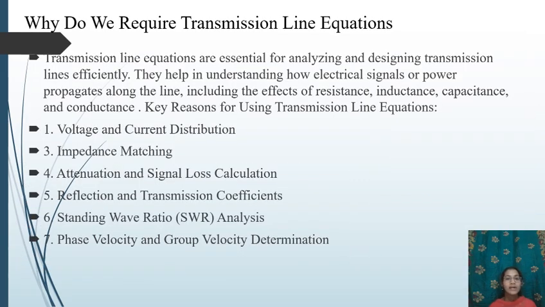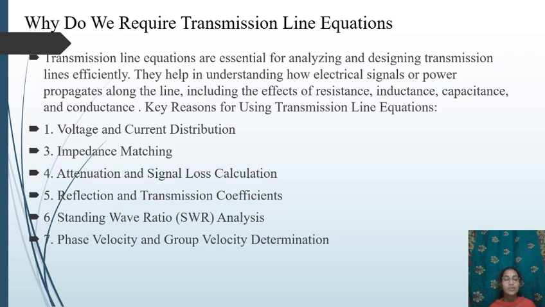Why do we require transmission line equations? Transmission line equations are essential for analyzing and designing transmission lines effectively. They help in understanding how electrical signals or power propagate along the line, including the effect of resistance, inductance, capacitance, and conductance.